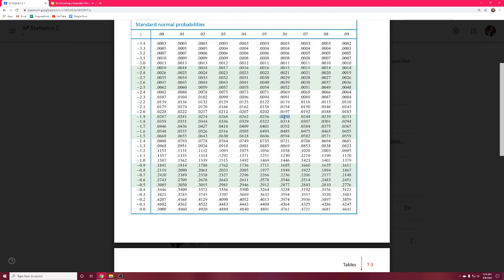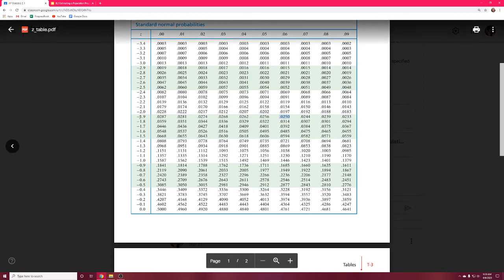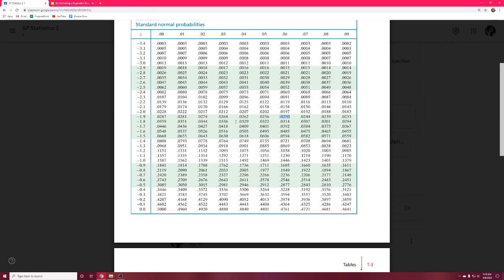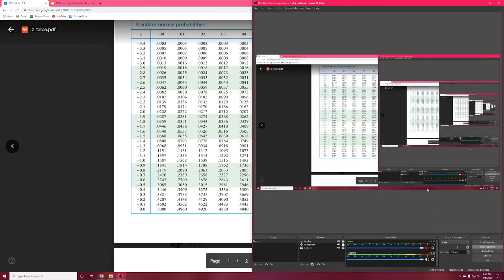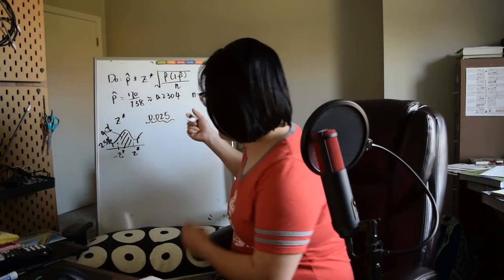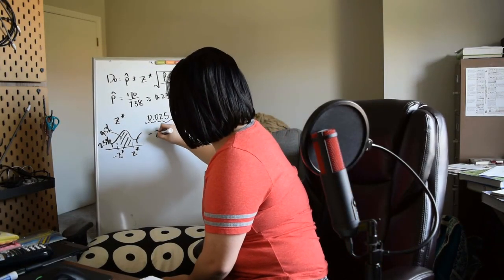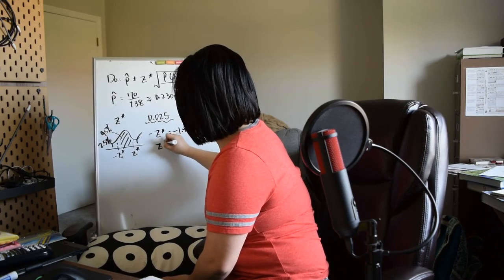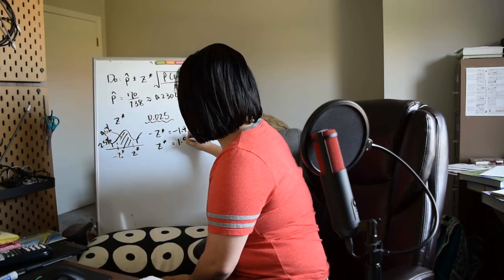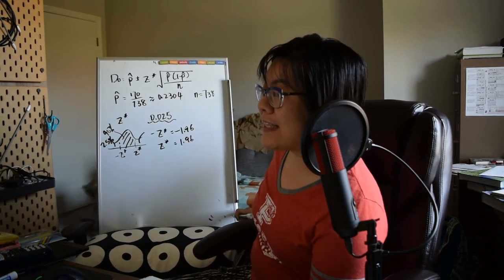So our negative z star is negative 1.96. So our z star is 1.96. That's how you get z star.